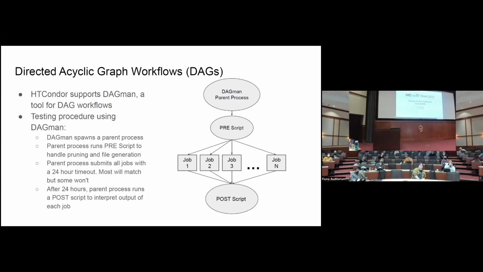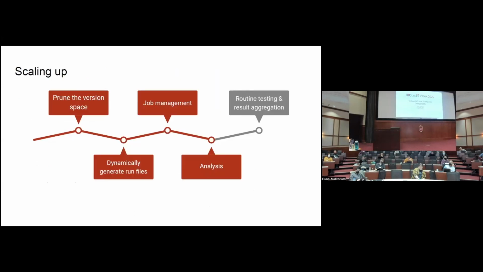It'll submit all of the jobs that we're interested in testing. It'll wait 24 hours for that global timeout. And then after the 24 hours, it'll run a postscript to interpret the output of those jobs. It's not being used in a very complicated way, but the thing to note is it's running that parent process on the execute node and not on the submit node.